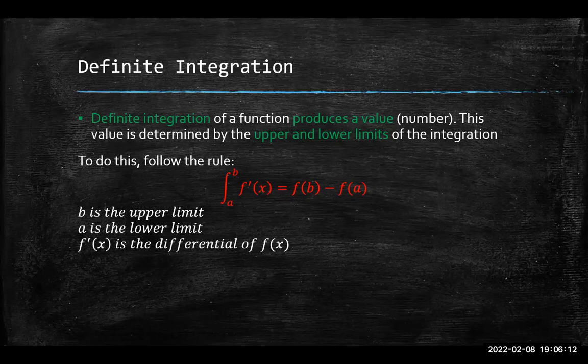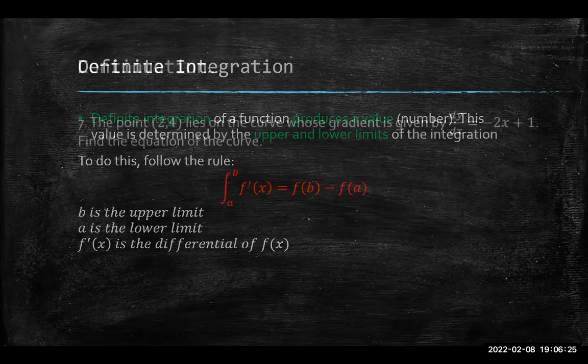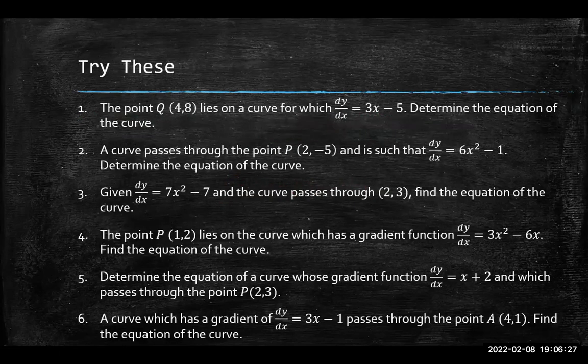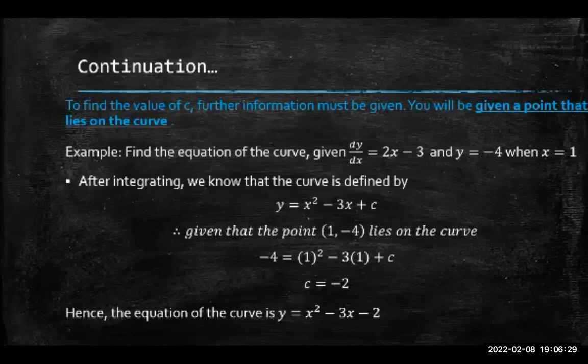So what exactly is definite integration now? Well, definite integration of a function produces a value or number. So you see how when we are doing indefinite integration, you didn't get an exact value. So let me just go back for a bit. Just look here.